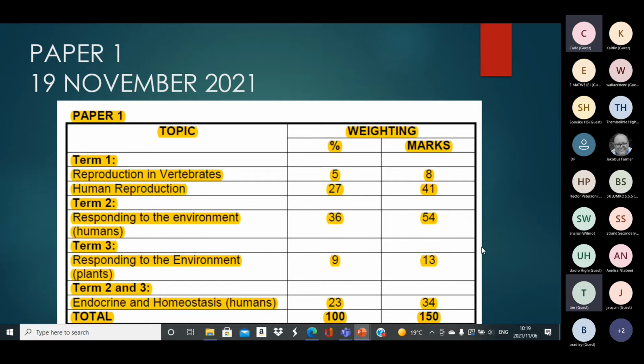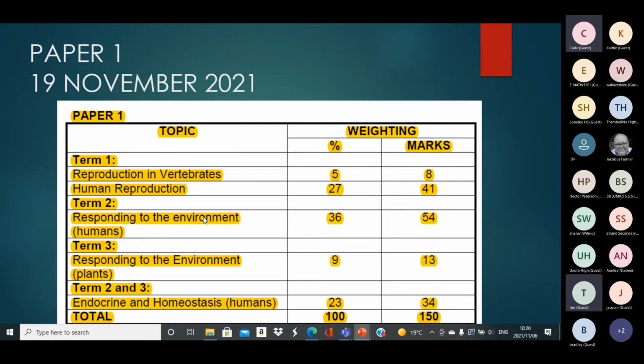The nervous system specifically, 54 marks. Responding to the environment plants, the one we just dealt with, 13 marks. Endocrine and homeostasis, we dealt with that today, grade 12s. 34 marks.